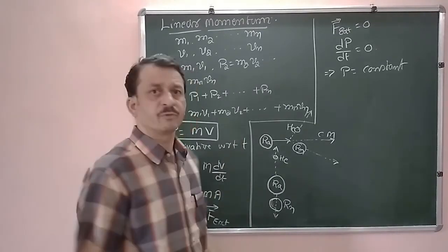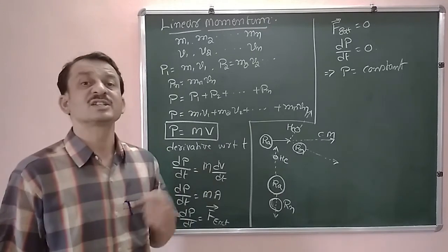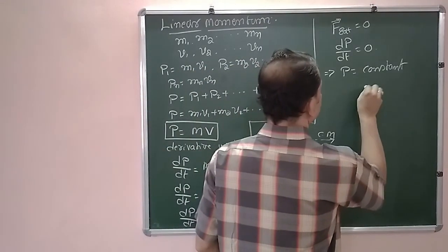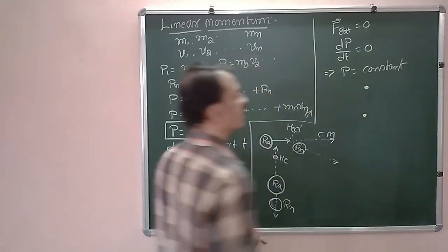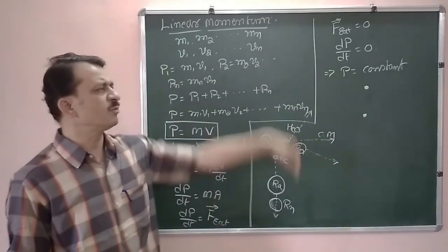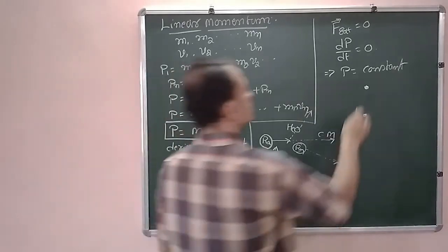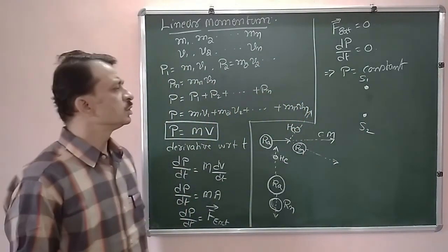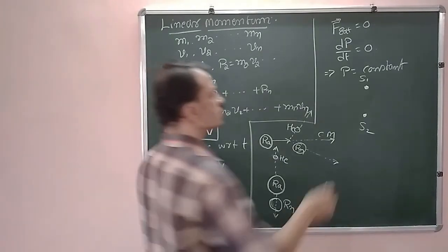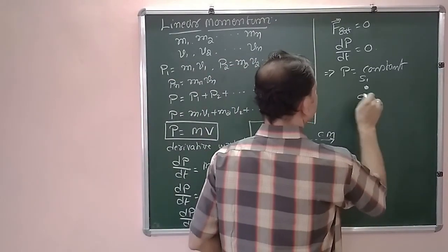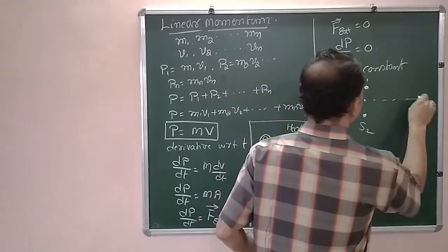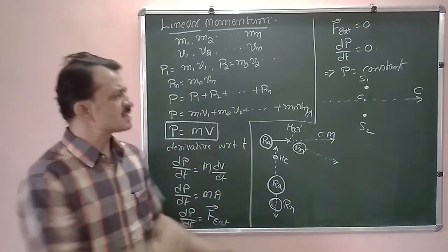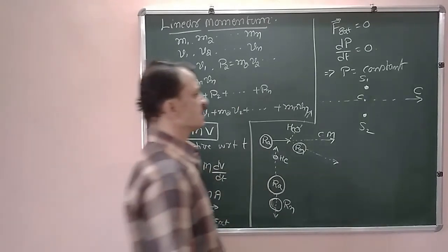Also, in astronomy we have studied the binary star system, that is two stars revolving around a common center of gravity or center of mass. Say one is star S1 and the other is star S2. Now they are revolving. Assume their center of mass is here. If the center of mass has a linear motion, then what is the path of those stars?